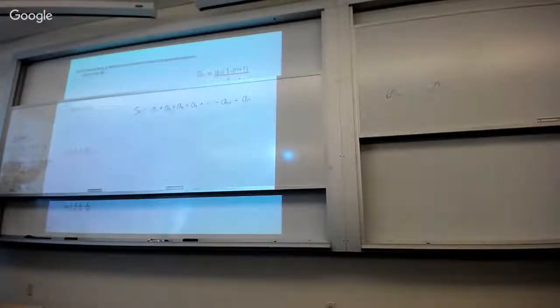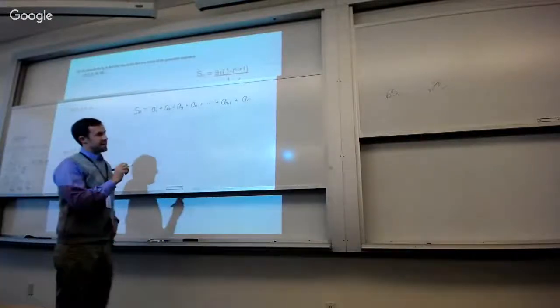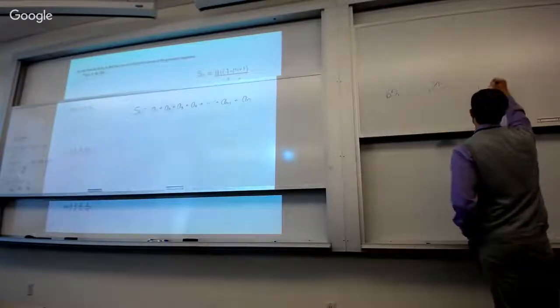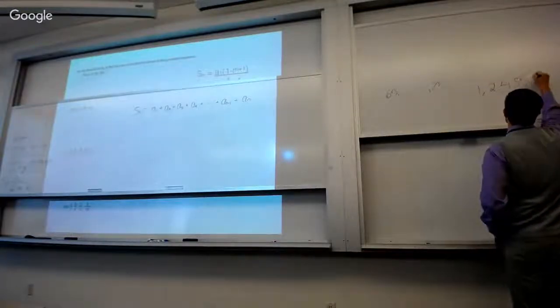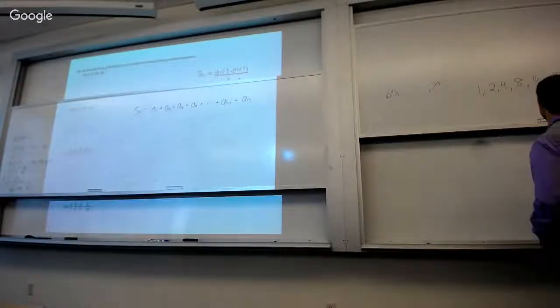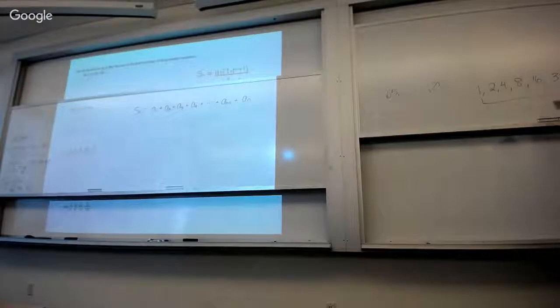We cannot do the same trick here. And just to demonstrate that, let's say that I took the sequence of multiplying by 2. So 1 times 2 is 2, times 2 is 4, times 2 is 8, times 2 is 16, times 2 is 32, times 2 is 64. How about if I just did that? Well, 1 plus 64 is 65, and 2 plus 32 is 34, and 4 plus 16 is 20.